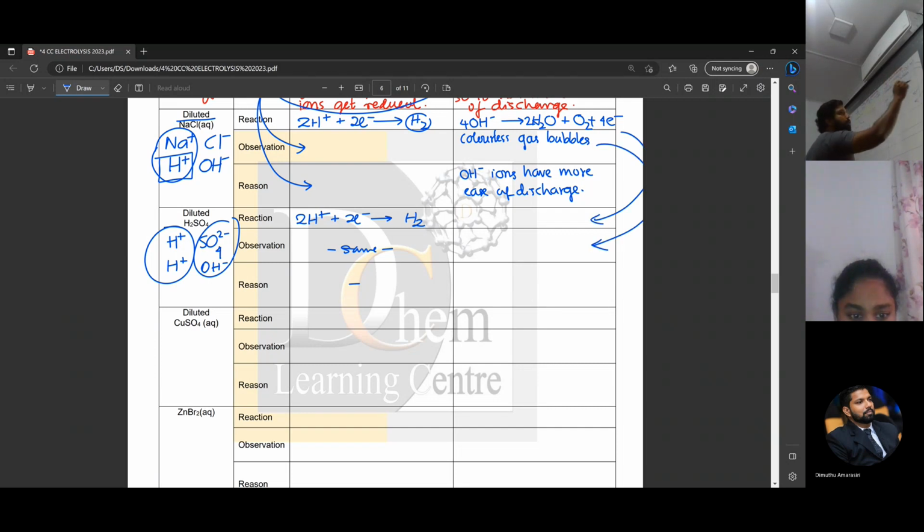Colorless gas bubbles, and the reason is also the same: OH ions have more ease of discharge than sulfate ions. It's the same story.